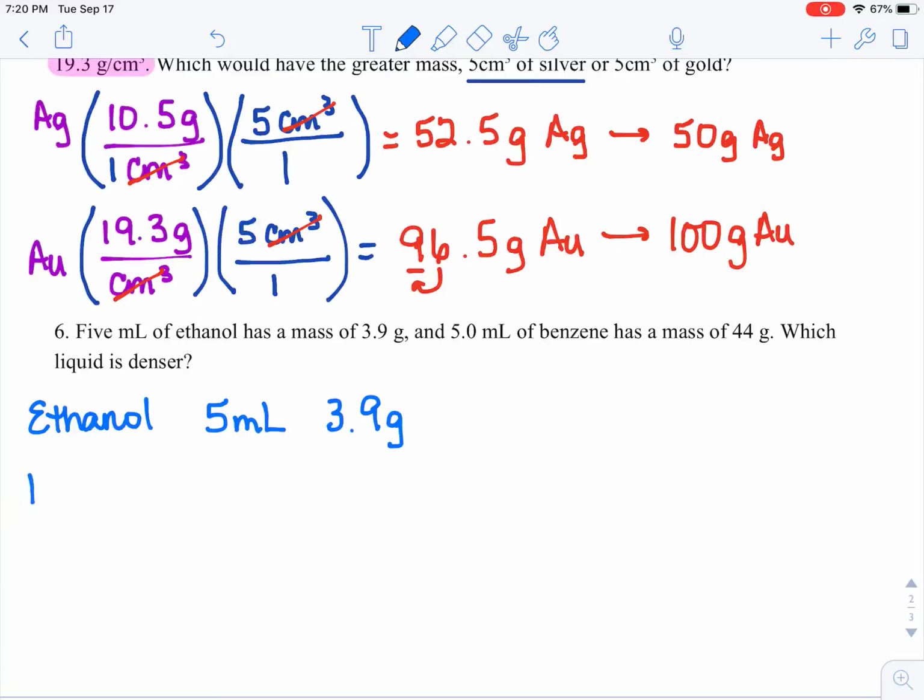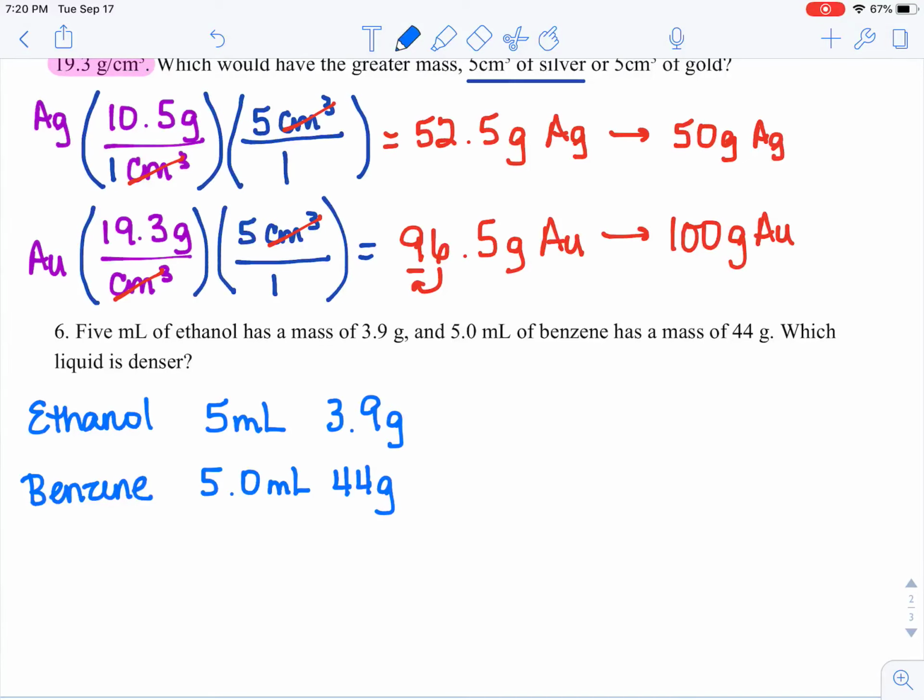We have another substance, benzene. Benzene is a hydrocarbon ring, and we are told that we have 5.0 milliliters of benzene with a mass of 44 grams. Now, before we even do anything, which liquid is denser?